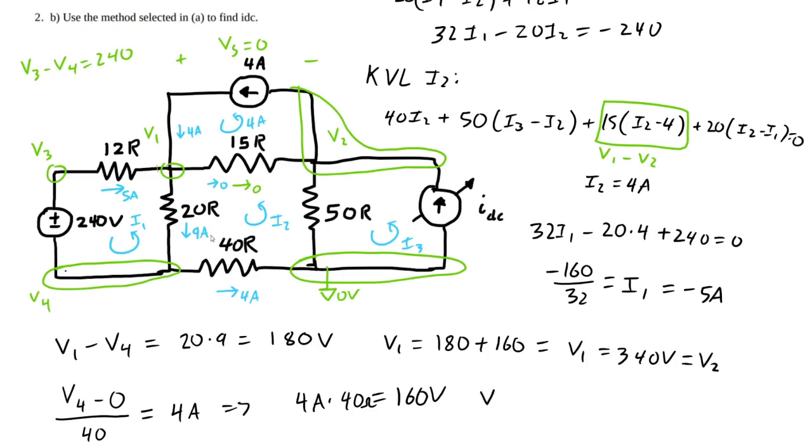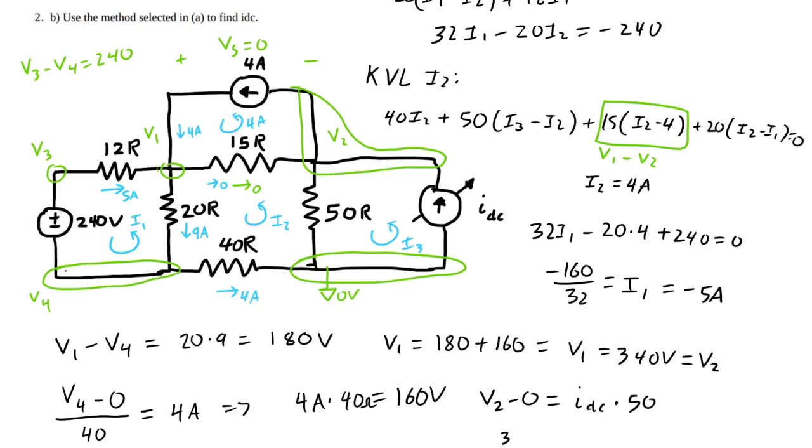So if we want to find the current through the 50 ohm resistor, which is equivalent to IDC, because there's nowhere else for IDC to go, V2 minus 0 is going to equal I times R, which is 50.